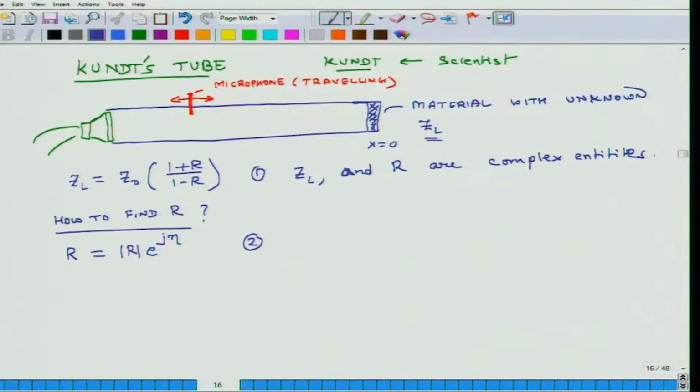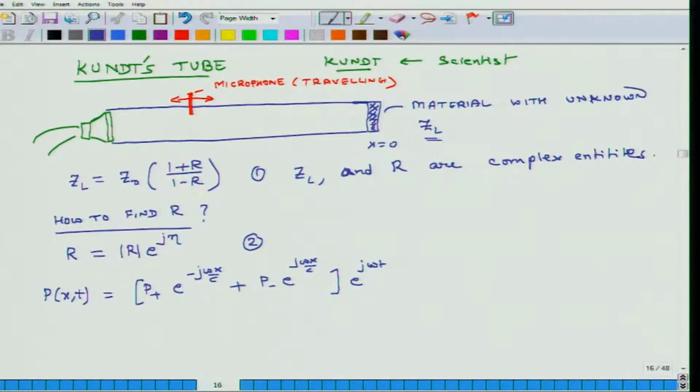Third thing, this is a one-dimensional tube, so any sound which propagates in it will follow the transmission line equation for pressure. The expression for complex pressure P(x,t), which is not the real pressure but the complex pressure, is P plus times e to the power of minus j omega x over c, plus P minus times e to the power of j omega x over c, all multiplied by e to the power of j omega t.